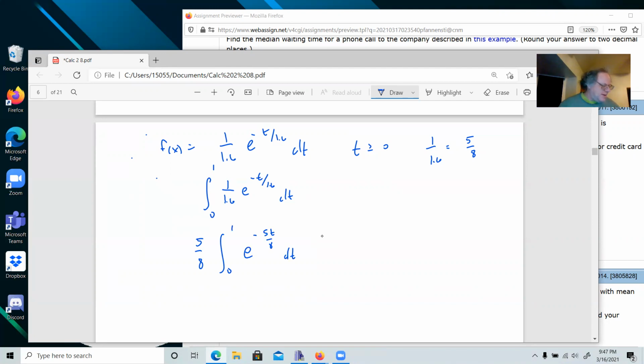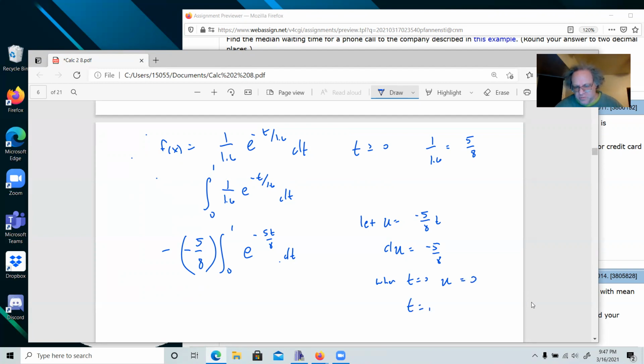At this point, we could do a u-substitution and work through all of this. So we could say let u equal negative 5/8 t, so du is negative 5/8 dt. We'll use this as our du. When t equals 0, u also equals 0.